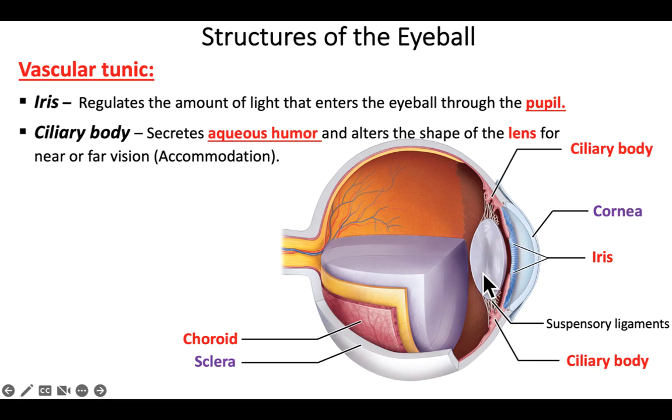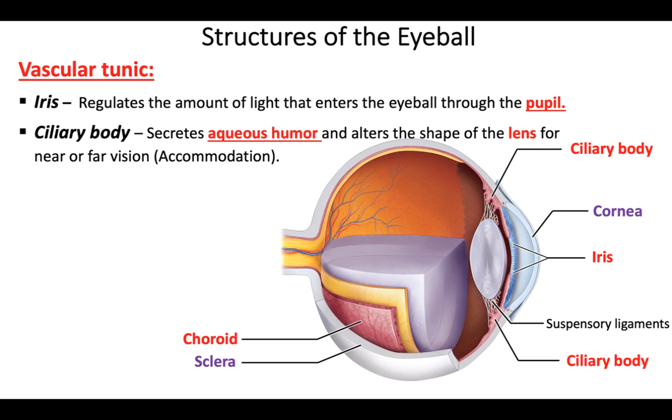But the lens you can adjust, okay, and that's called accommodation. Accommodation of the lens is adjusting the curvature so you can bend the light more for near vision or bend the light less if you're using your far or distant vision. All right, and we'll talk more about that as we go forward.